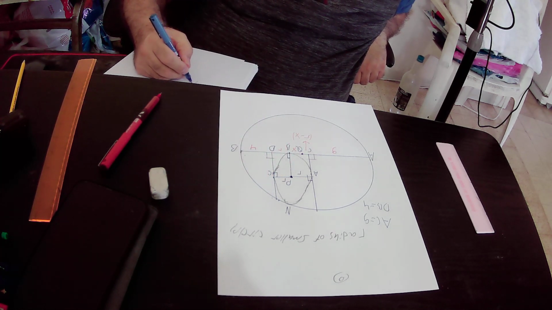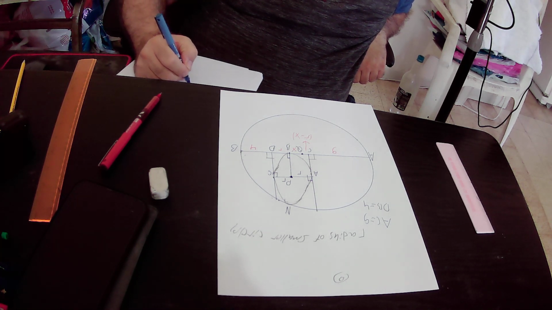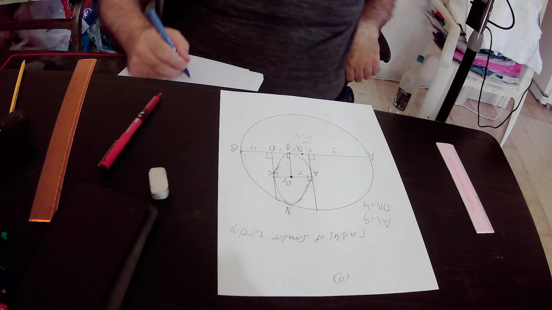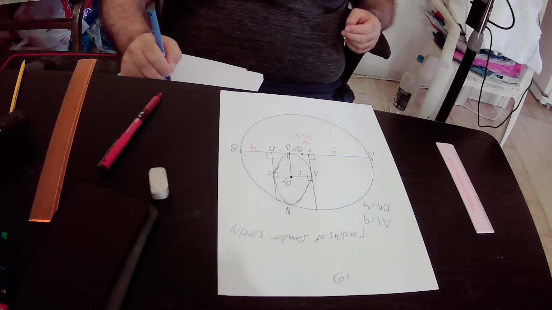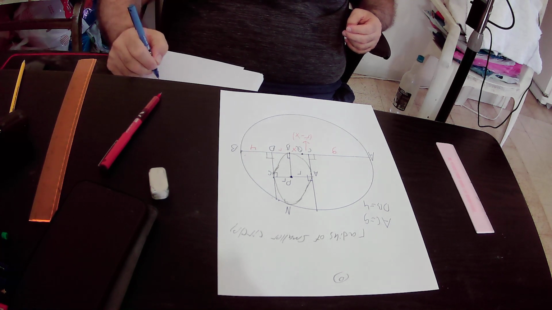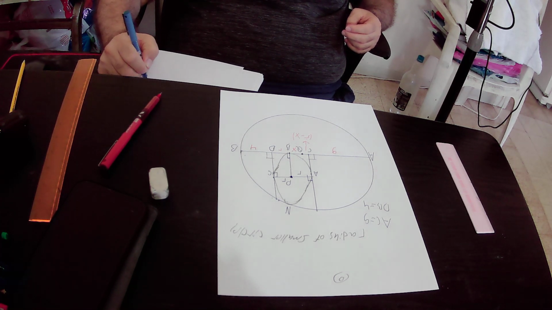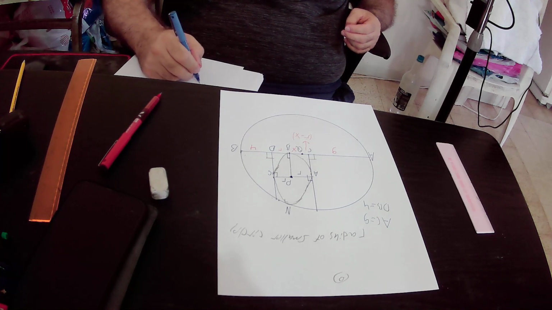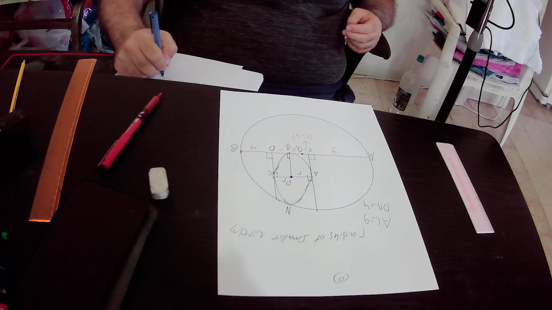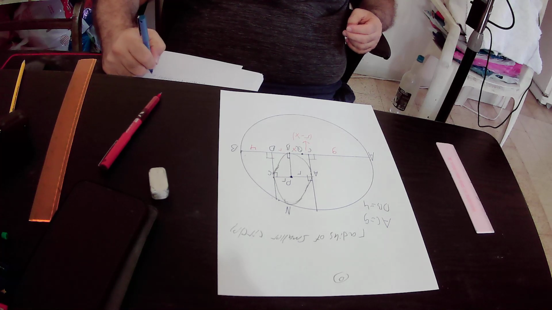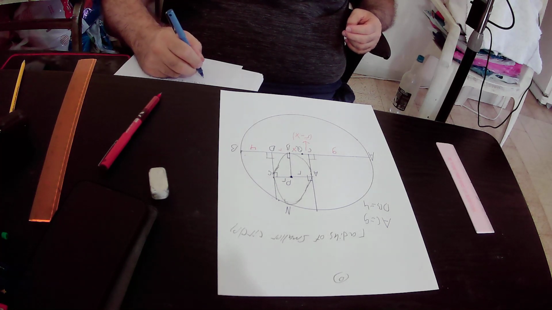Okay, PQ is the distance between the centers of the two circles.